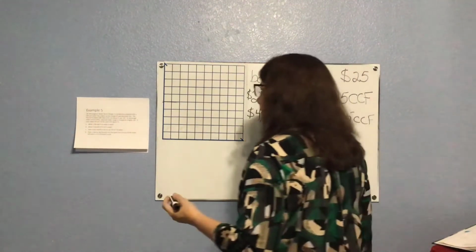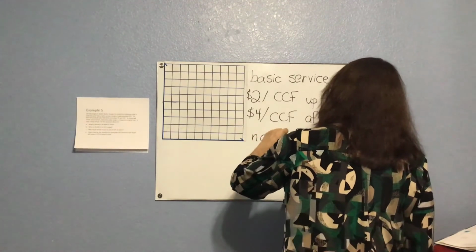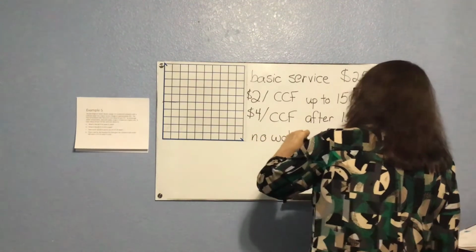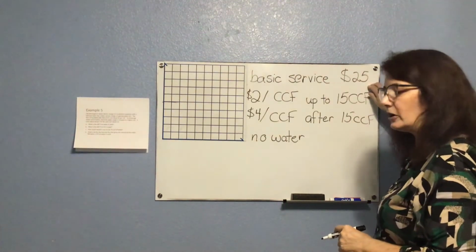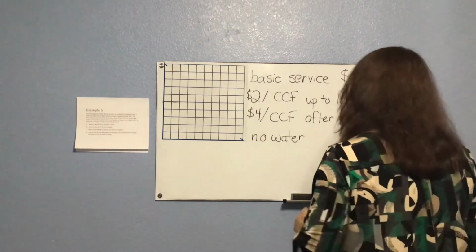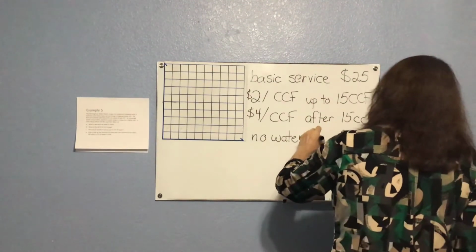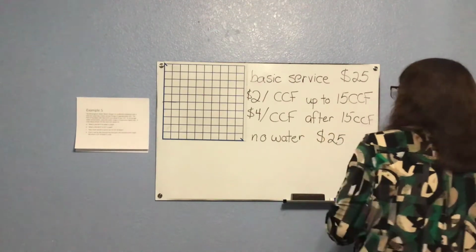So the first question is, what is the bill if there's no water used? Okay, so if I use no water, I still have to pay the basic service charge, but I don't pay either one of these. So my basic service charge means I have to pay $25.